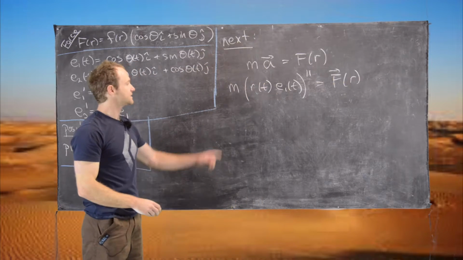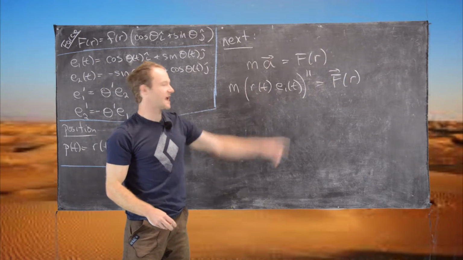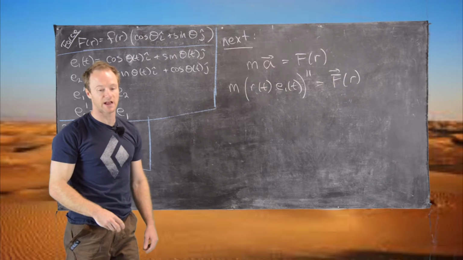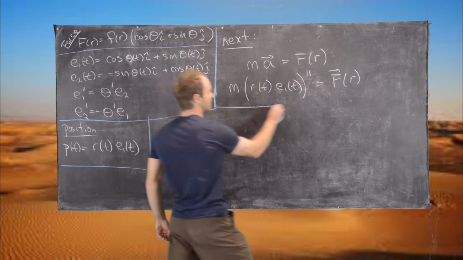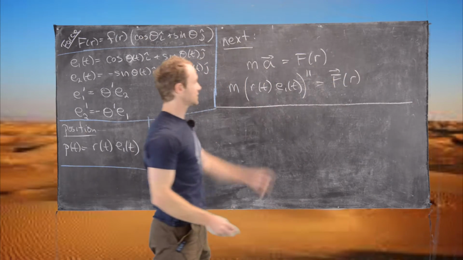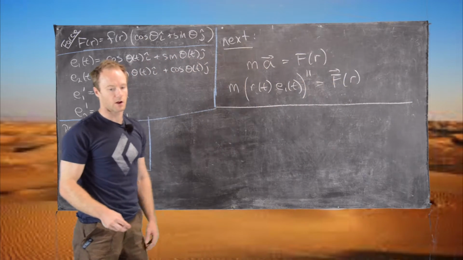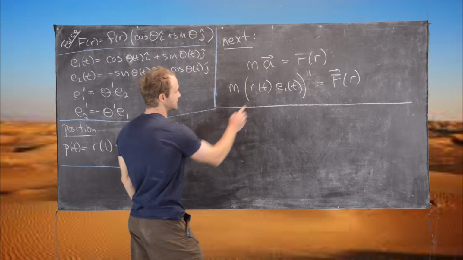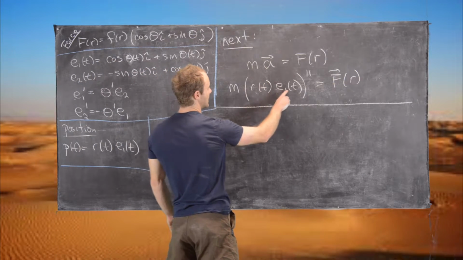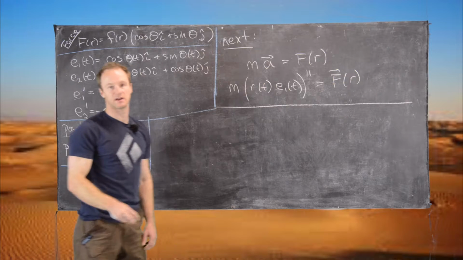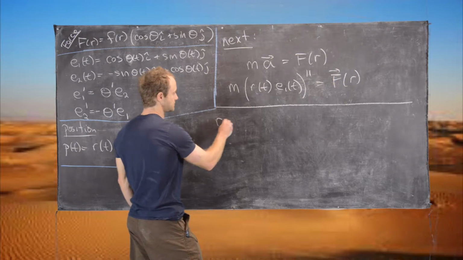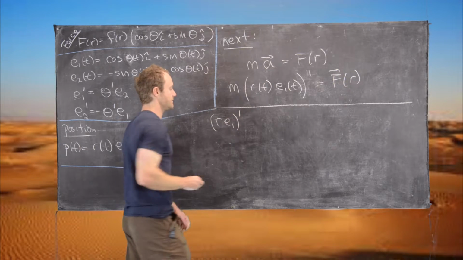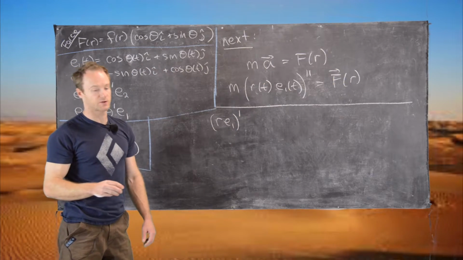Okay, great. So now what we need to do is take the second derivative and see what we get, and we'll use some simplification along the way. So first, let's go ahead and take the first derivative of this, along the road to taking the second derivative. So I'm going to leave out the dependence on t, but the dependence on t is there. So here we'll write r E1 prime. So we need to use the product rule here.